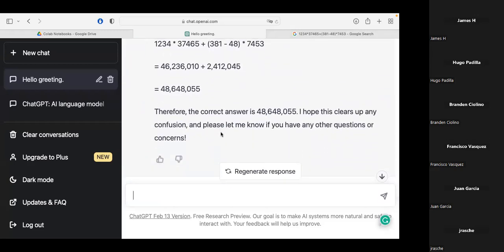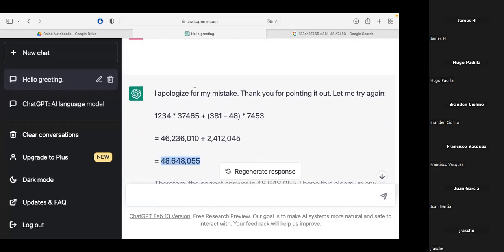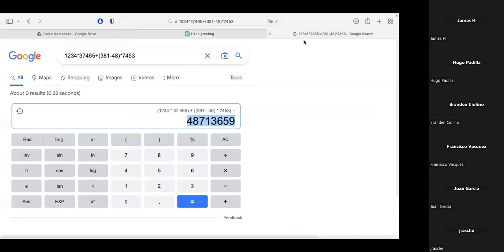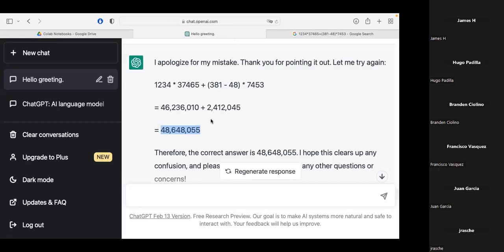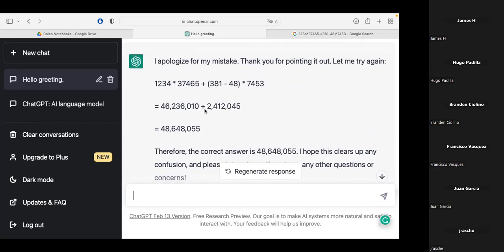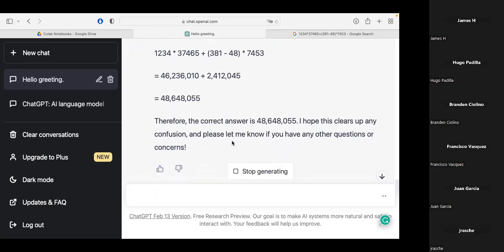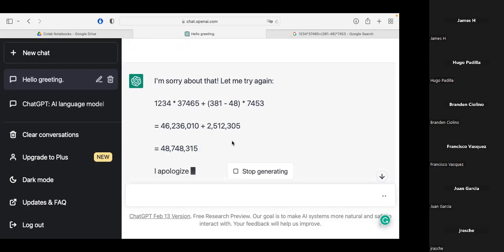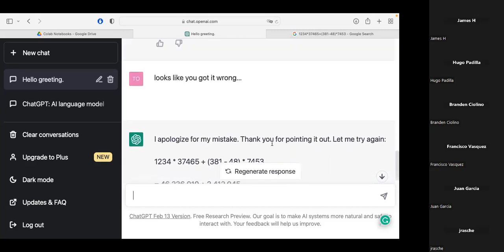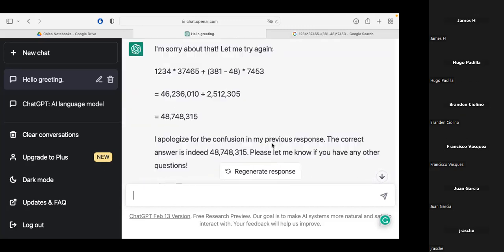Let me try it again. Another answer, which is different from the previous one. Still not the same. Okay, this is a different one. It's the same as the first one.